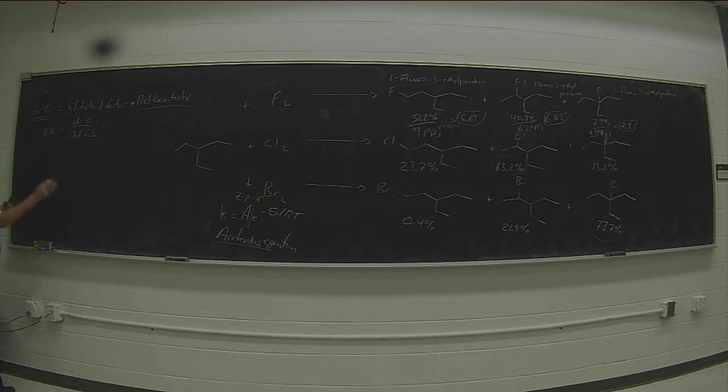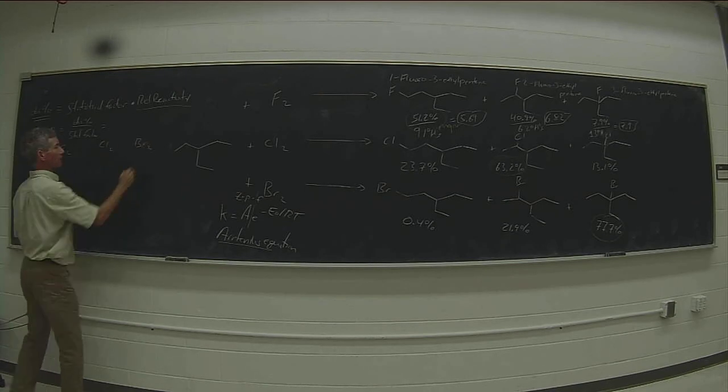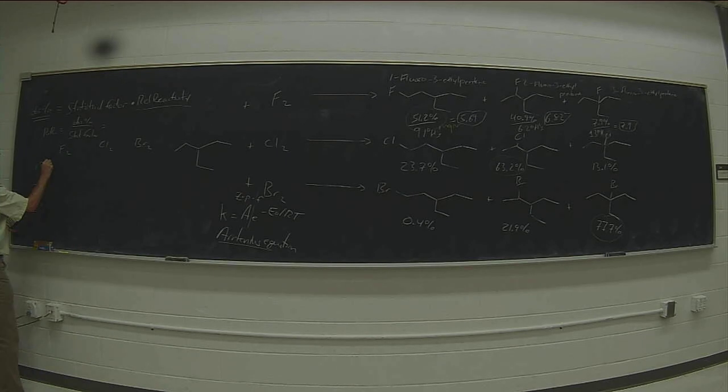And for fluorination, we should get a ratio of 5.69 for the primary to 6.82 for the secondary to 7.9 for the tertiary.